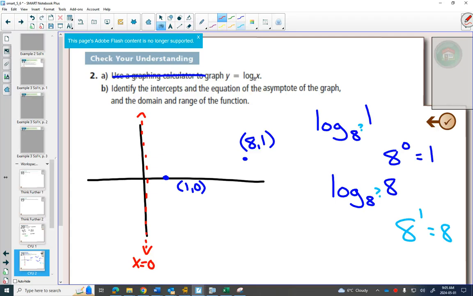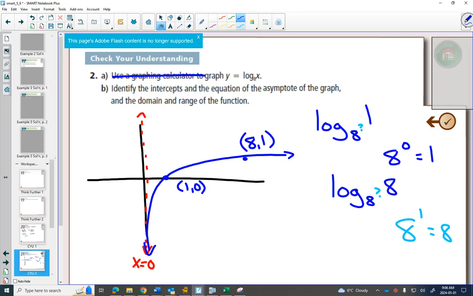And the basic shape of your log graph goes through your 2 points like an exponential graph flipped over the line y equals x. There is our basic log graph. And then we're going to do all the transformations we did in our transformations unit with log graphs as well.